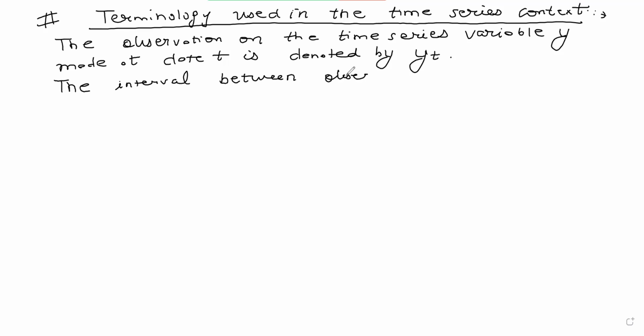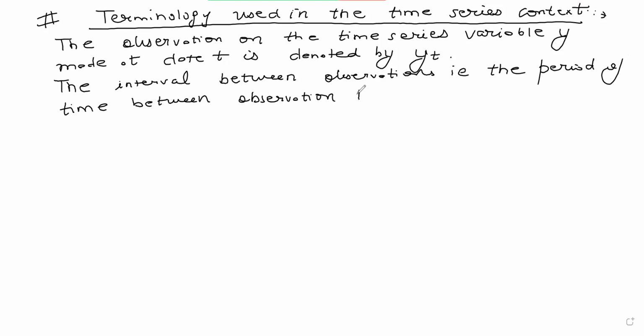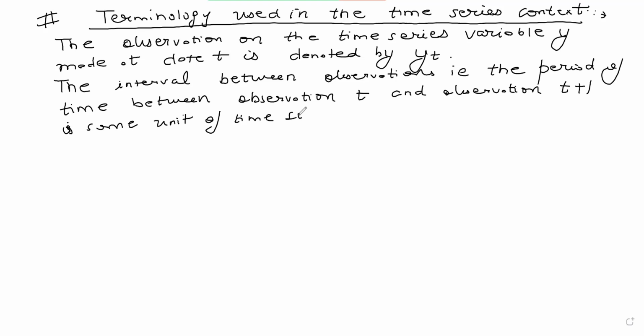The period of time between the observation t and the observation t plus 1 is some unit of time, such as weeks, months, quarters, years, etc. The gap between t and t plus 1 can represent weeks, months, quarters, years, days, hours, etc.